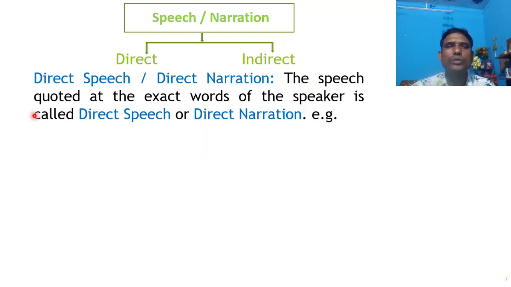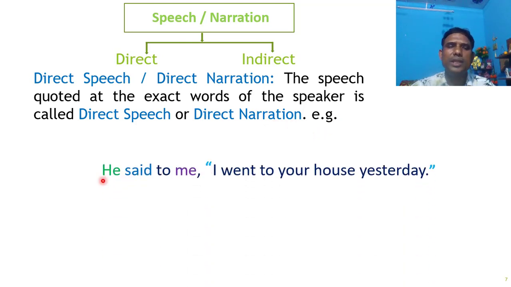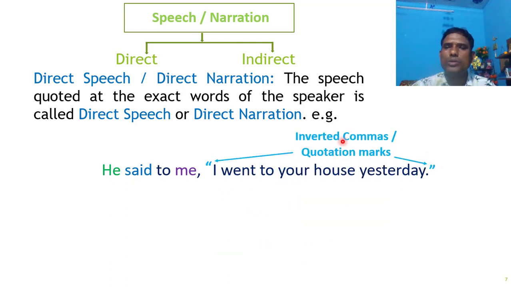The speech quoted in the exact words of the speaker is called direct speech or direct narration. For example, he said to me, "I went to your house yesterday." These are called inverted commas or quotation marks.